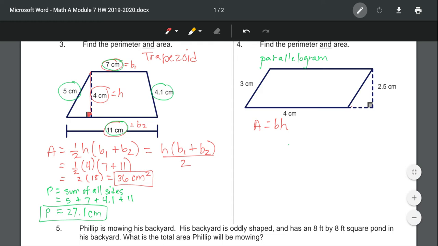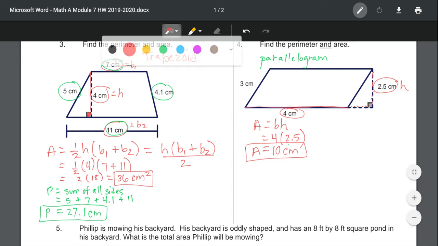In this case, the height is drawn on the outside. So the height is 2.5, and the base perpendicular to that height would be 4. So you multiply 4 times 2.5, and you get 10 centimeters.